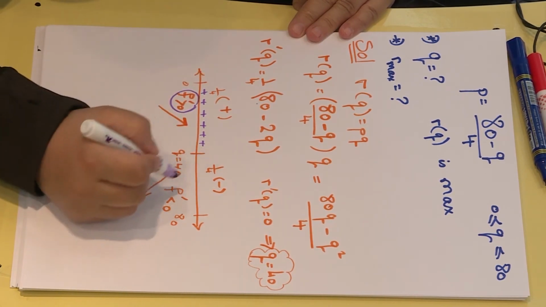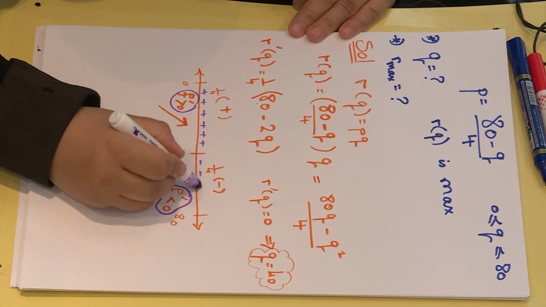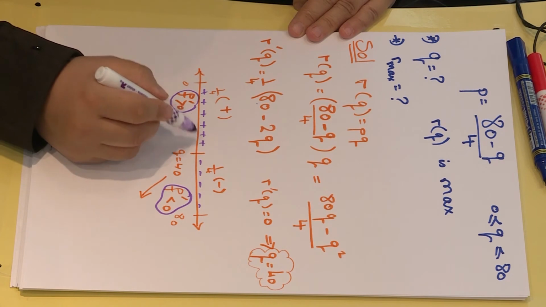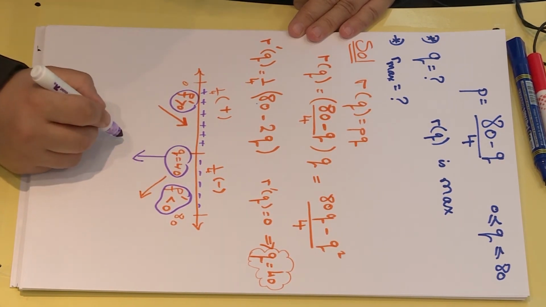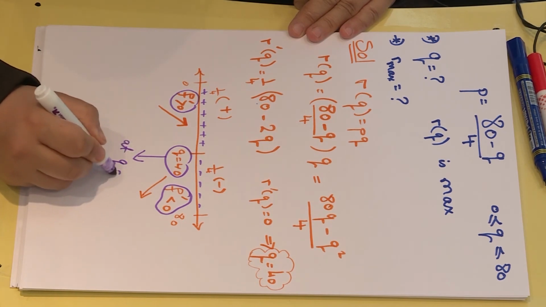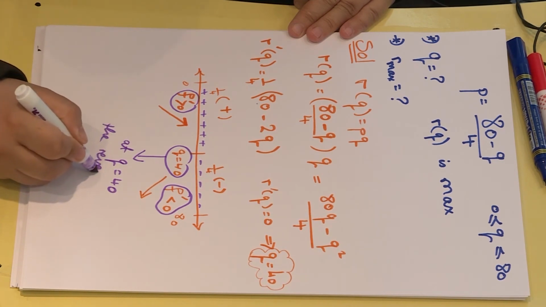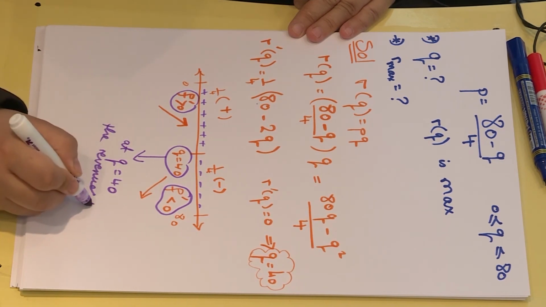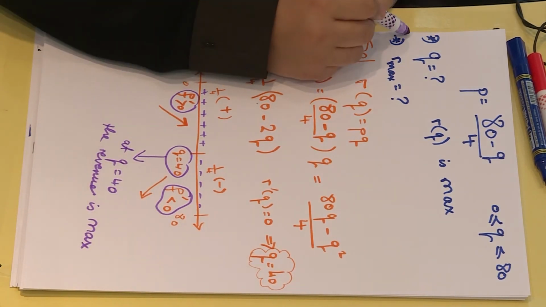And then I take this first derivative and I find that it is less than 0 here. So the function is increasing and then decreasing, then definitely you reached a maximum. So at Q equals 40, the revenue is maximum. This was the first part.